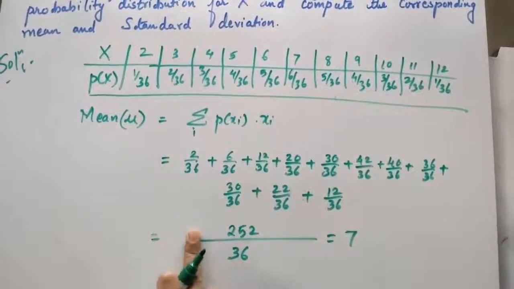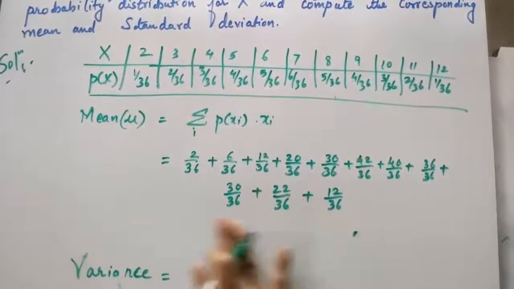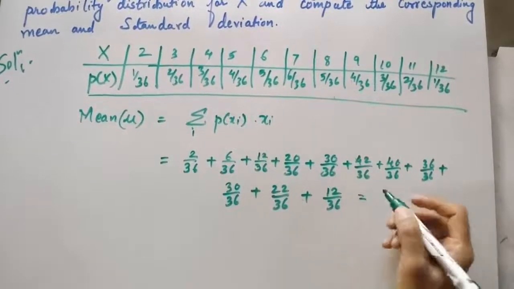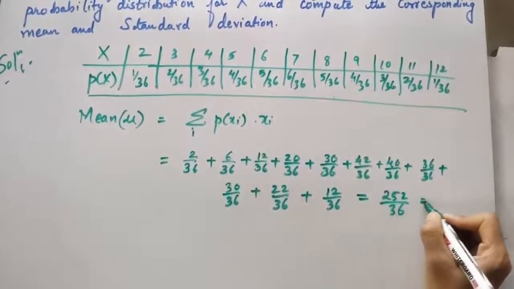Once you are done with the evaluation for the mean, now we'll evaluate variance so that we can evaluate the standard deviation. This came out to be 252 over 36, which is 7.